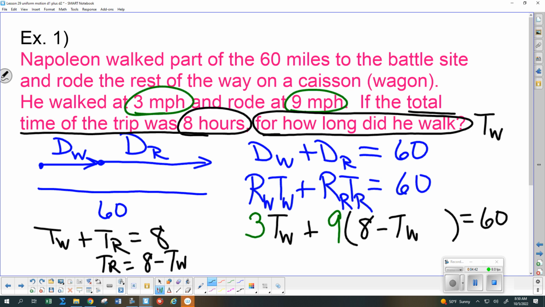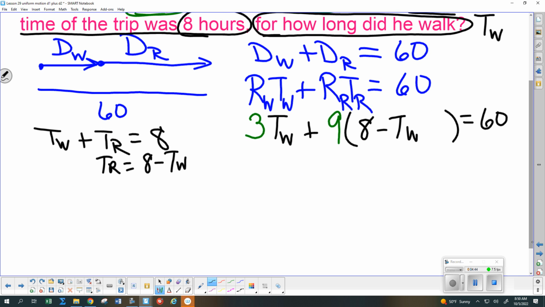So you guys go ahead, distribute the 9, finish that. Let me know what you get for the time walking. Make sure the 9 gets multiplied by both things in that parentheses.